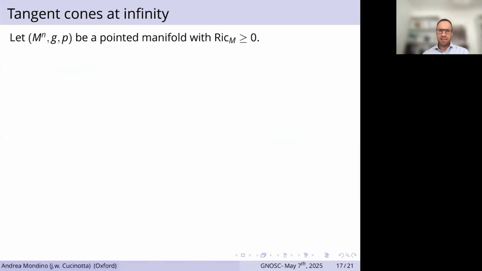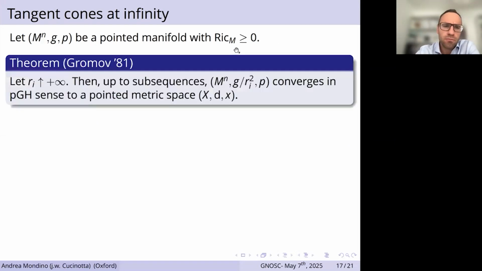Okay, so now let's discuss some results about tangent cones at infinity. So what is a tangent cone at infinity? I think that most of the people here know, but let me just recall it. Consider a pointed manifold with non-negative Ricci.